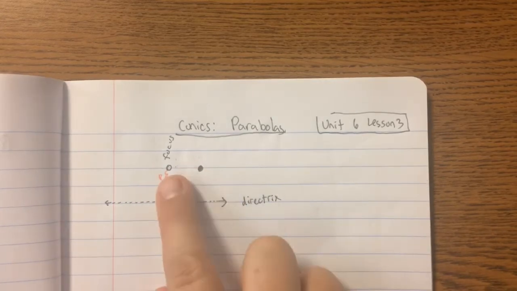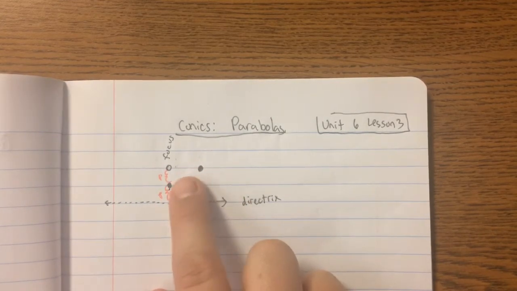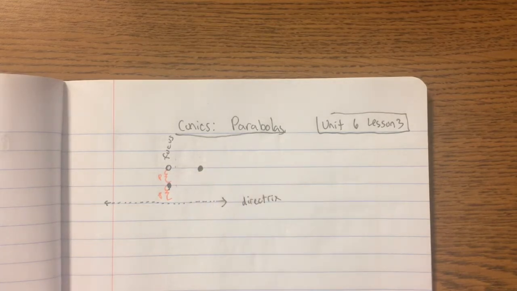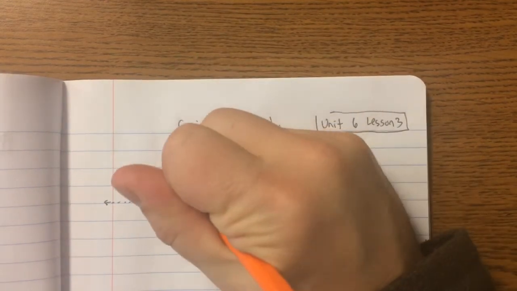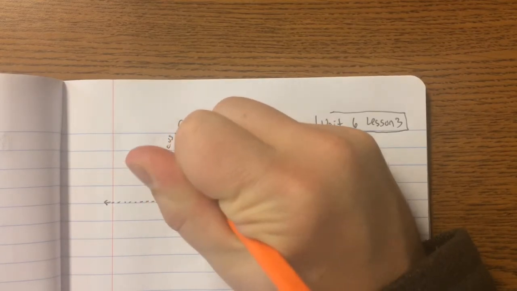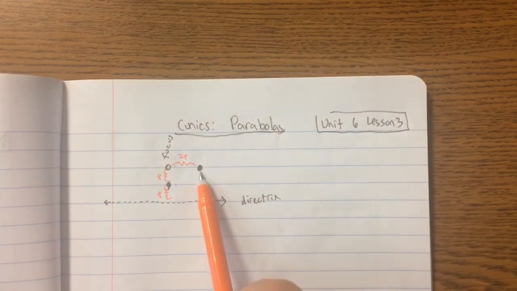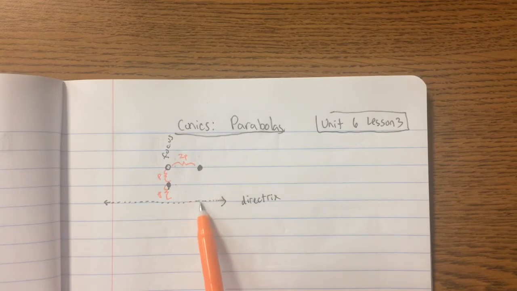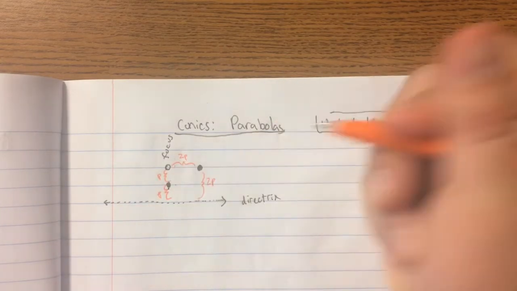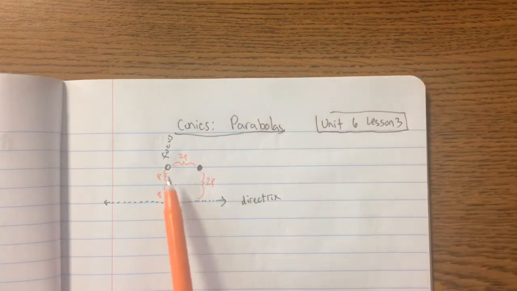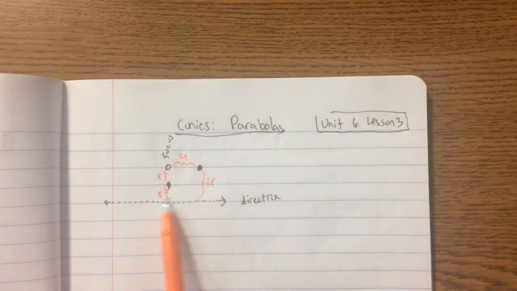What would this distance have to be? 2P, right? The reason why it has to be 2P from here to here is because we already know this distance right here is 2P. So the distance from the focus and from the directrix is equal for every single point on the parabola.